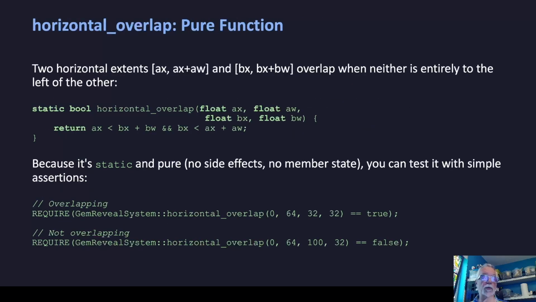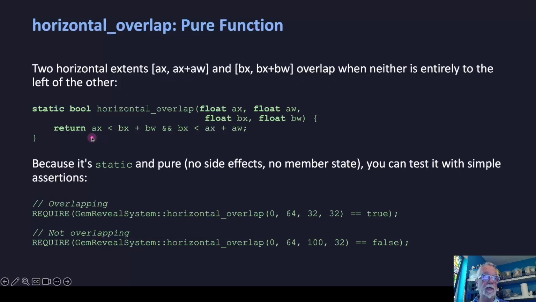Okay, I'm presuming that you've come back. Just to help you, the horizontal overlap, which is a pure function, is going to basically check one of these two conditions. So basically, this and this overlap when neither is entirely to the left of the other.